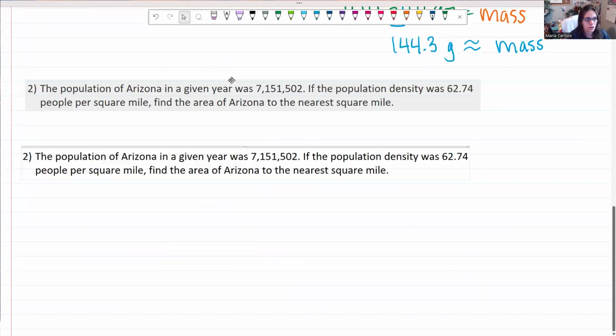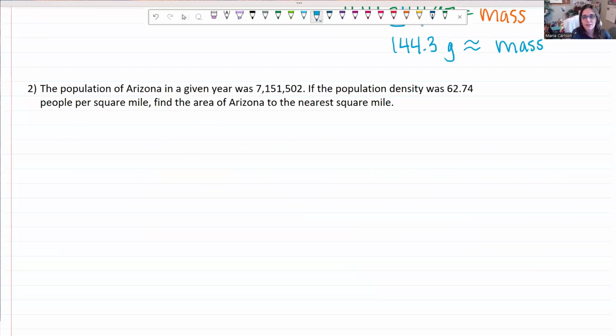Number 2. The population of Arizona in a given year was 7,151,502. If the population density was 62.74 people per square mile, find the area of Arizona to the nearest square mile. And as I had written up above, the population density is the rate of your population per area.